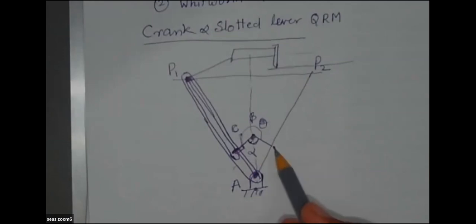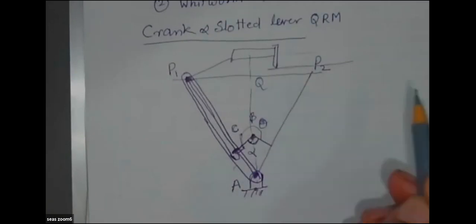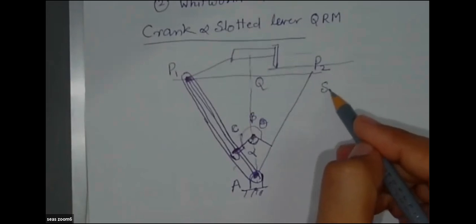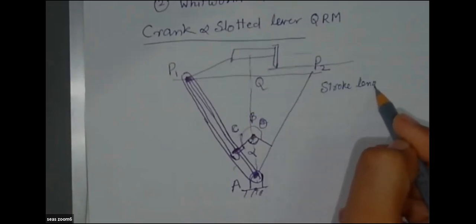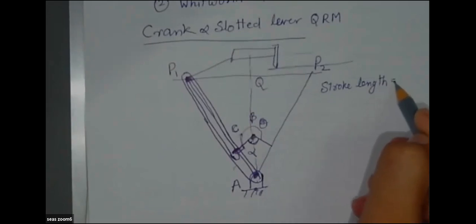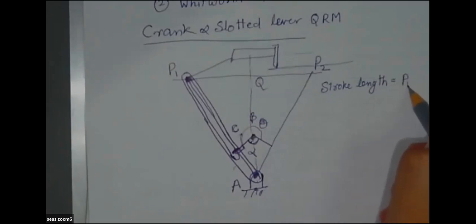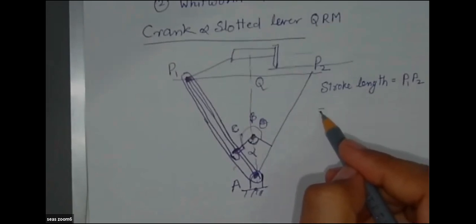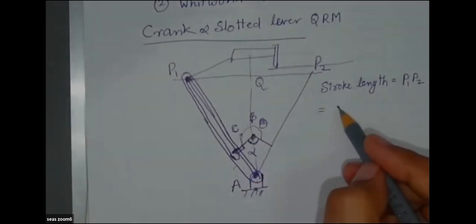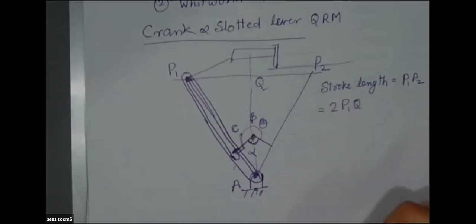Okay. Let's say this is point Q. Then the total stroke length is P1P2. That is, if Q is the middle point, then it is 2P1Q.